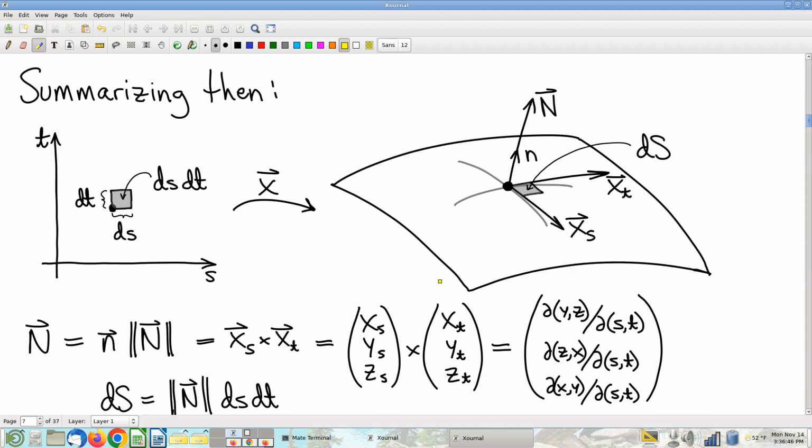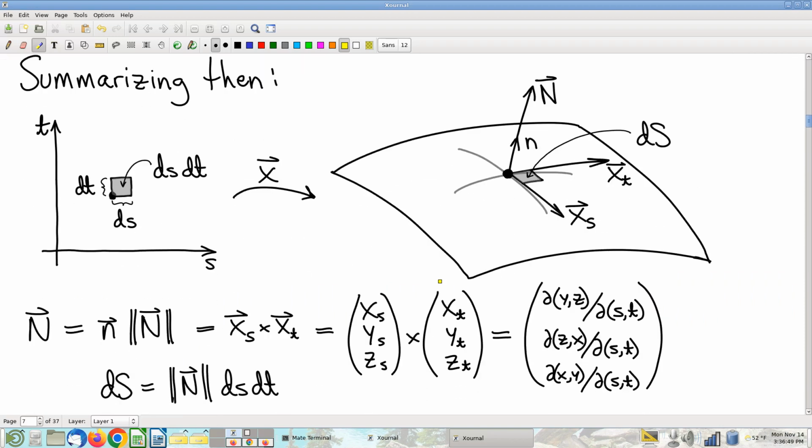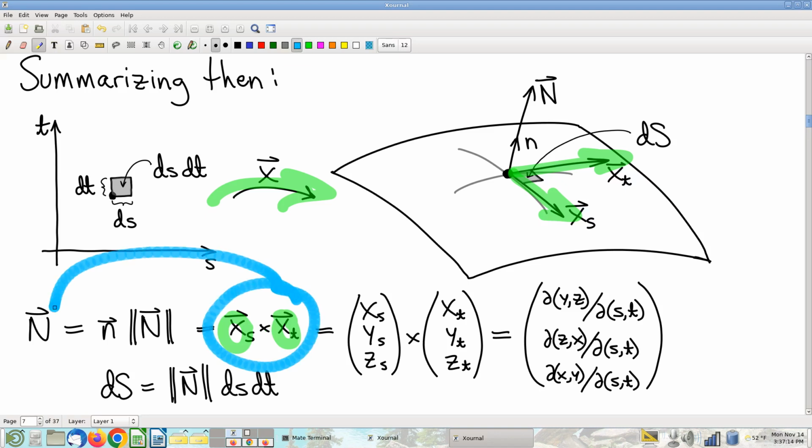Okay. So here's a kind of a summary and then a slight supplement. Most of what we developed here, I mostly did in the context of spheres. But this is the general form of it. If you have a parameterization, then the partials give you velocity vectors. And those velocity vectors are what you cross to get the normal vector, capital N, whose magnitude is the stretching factor.